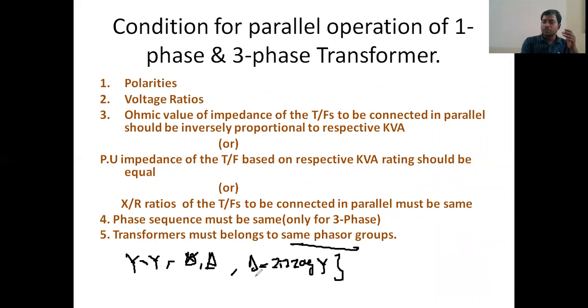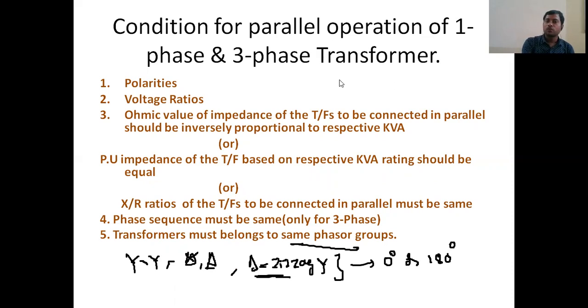These types of connections are special connections, star to zigzag star. These connections will produce a phase shift of 0 degrees or 180 degrees. So these transformers belong to one phasor group, producing 0 degree phase shift or 180 degrees phase shift.